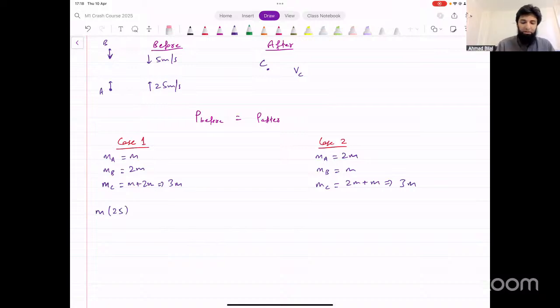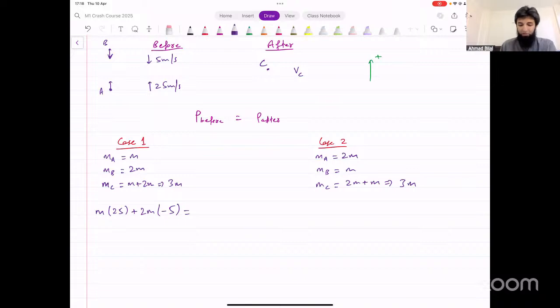Remember, in conservation of momentum, we have to consider the same direction positive for all objects. So we consider, let's say, upwards positive. If we consider upwards positive, the velocity for A is going to be 25. What about the velocity of B? That would be -5 because that's moving in the downward direction.